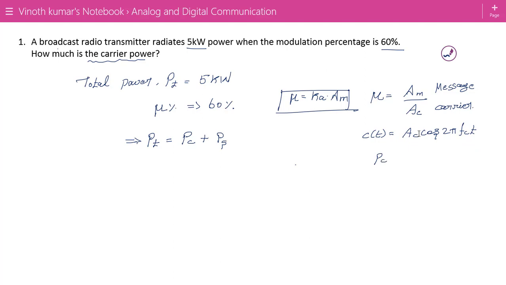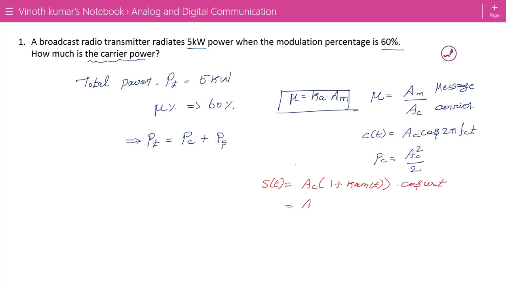So the carrier power is the mean square value of AC cos 2 pi fct, that is expressed as AC square divided by 2. So the expression for amplitude modulated wave is AC into 1 plus Ka m of t into cos omega ct.